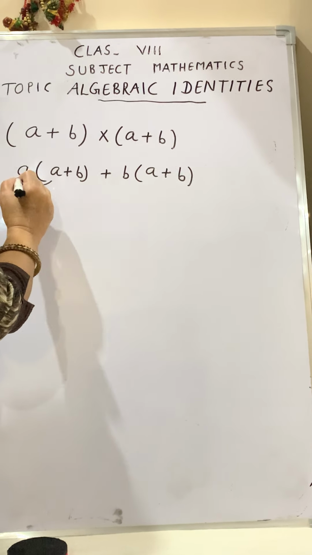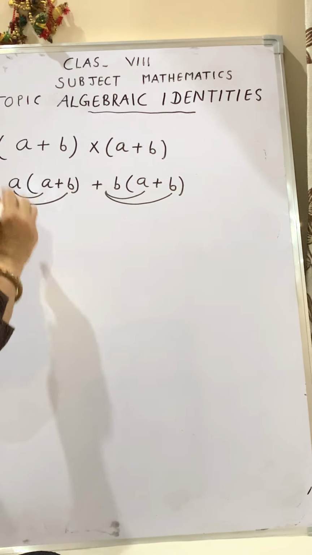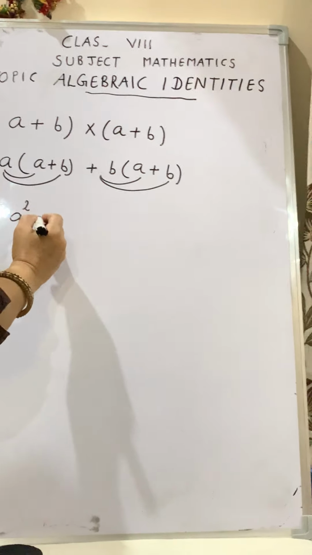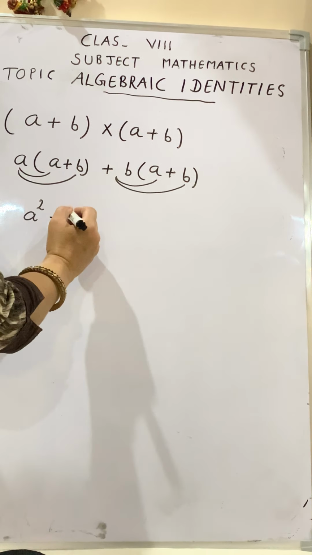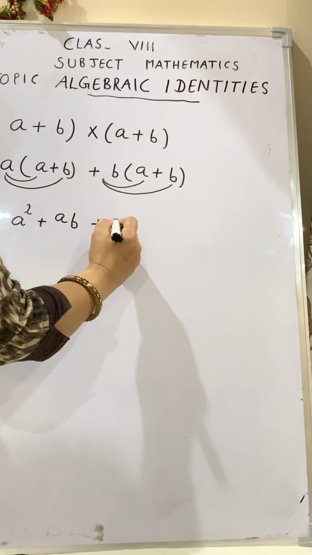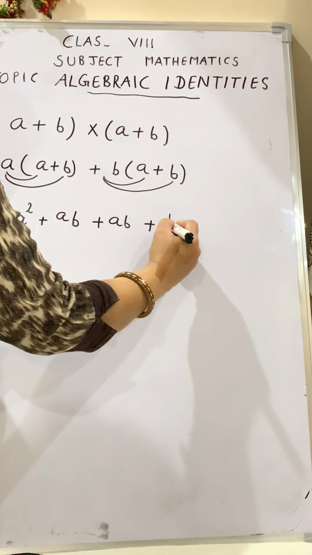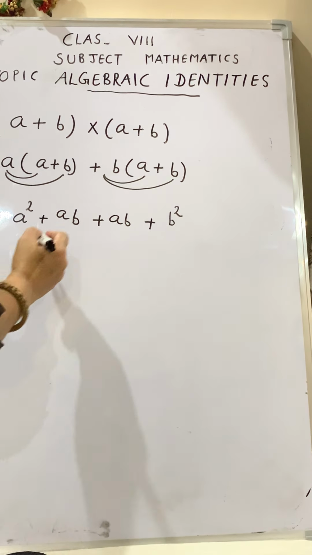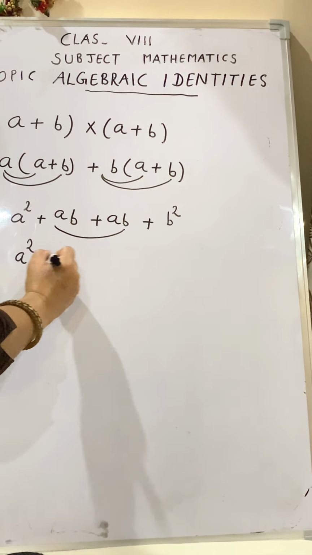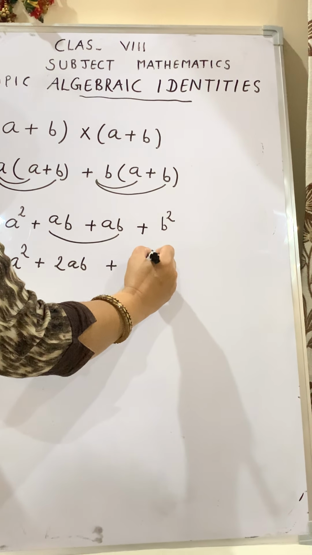We will apply now distributive property. A multiplied with a, bases are same, then powers will be added, power 1 and 1, plus a multiplied with b, ab. Here b multiplied with a, we will write ab, plus b multiplied with b is b raised to power 2. These are like terms: a raised to power 2 plus 2ab plus b raised to power 2.